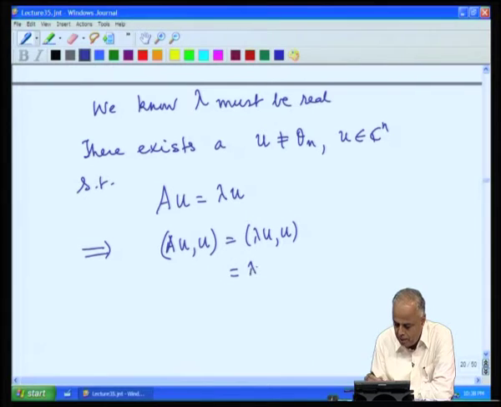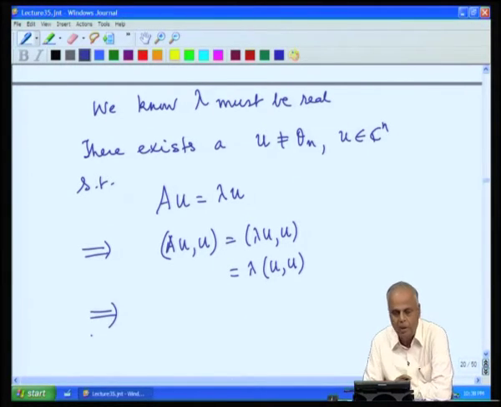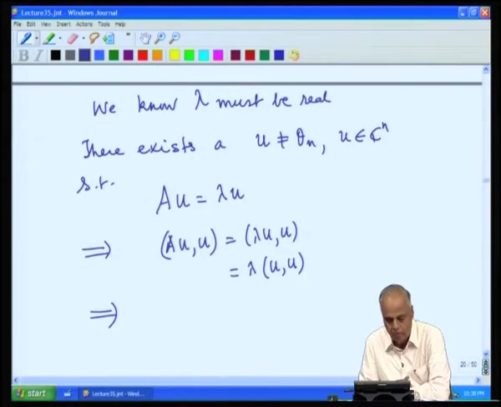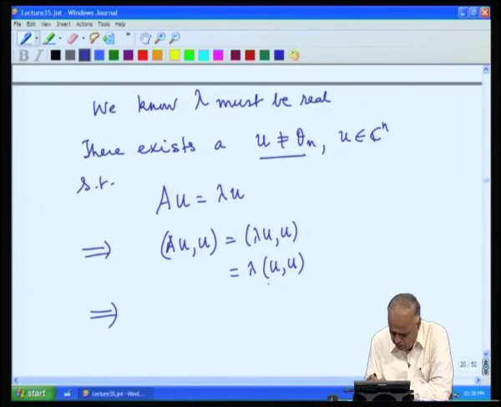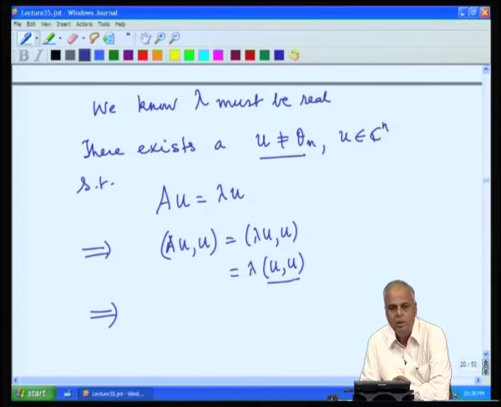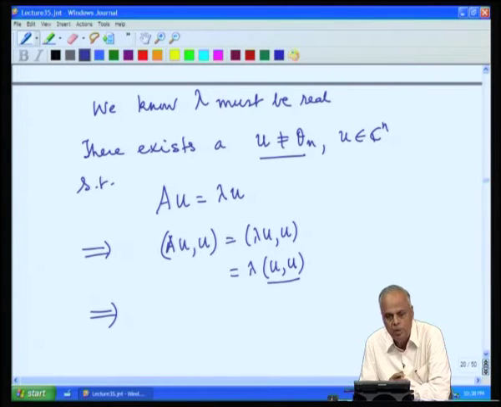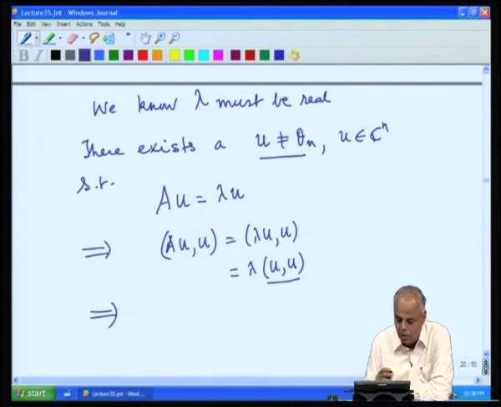Lambda is a constant, so it can be pulled out. Now, u comma u cannot be 0 because u is a non-zero vector, and a non-zero vector's inner product with itself gives the length of u squared, which is not 0 if u is not 0.